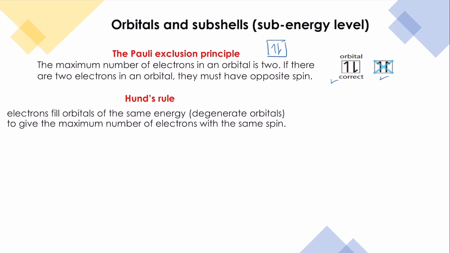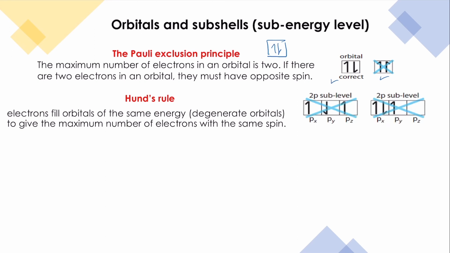Then we have Hund's rule, which says electrons fill orbitals of the same energy to give the maximum number of electrons with the same spin, which means that, as you can see here, they have to fill the orbitals with the same spin first. This is wrong, because filling this one in this direction, the other direction, is wrong.